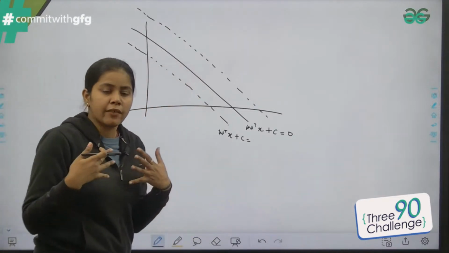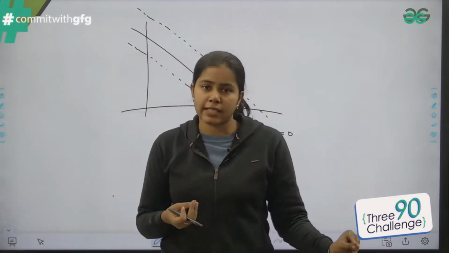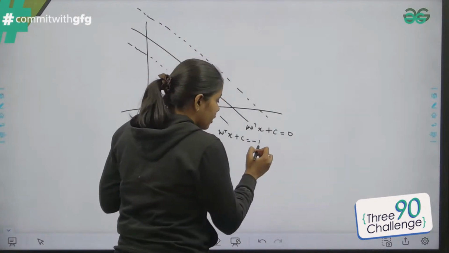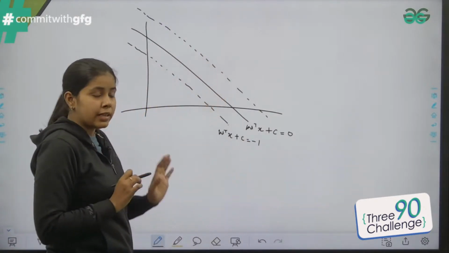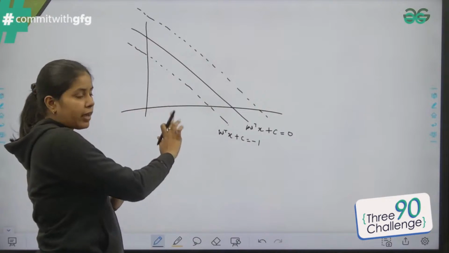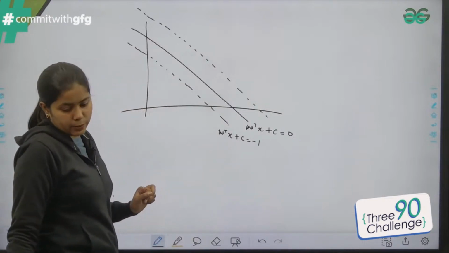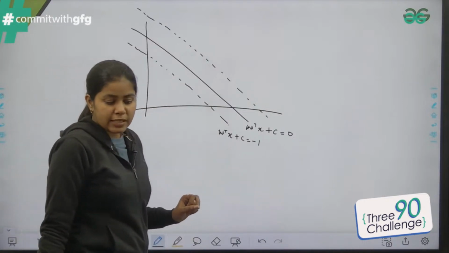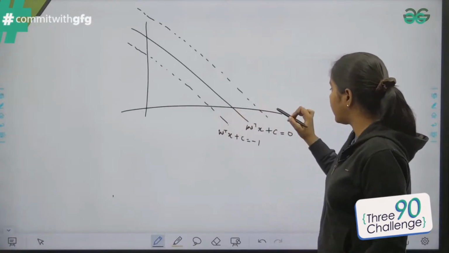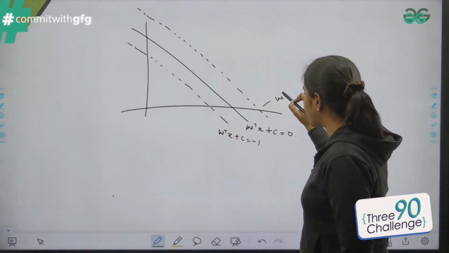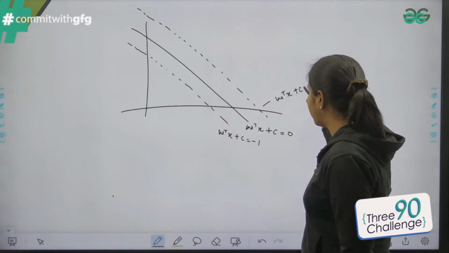In research papers we have minus K, but here I am taking -1. That means it shows that it would be in the negative direction. So any negative value I'll get, I'll write it as -1. W transpose X plus C equals to -1. Similarly, can I write this margin line equation as W transpose X plus C equals to 1?